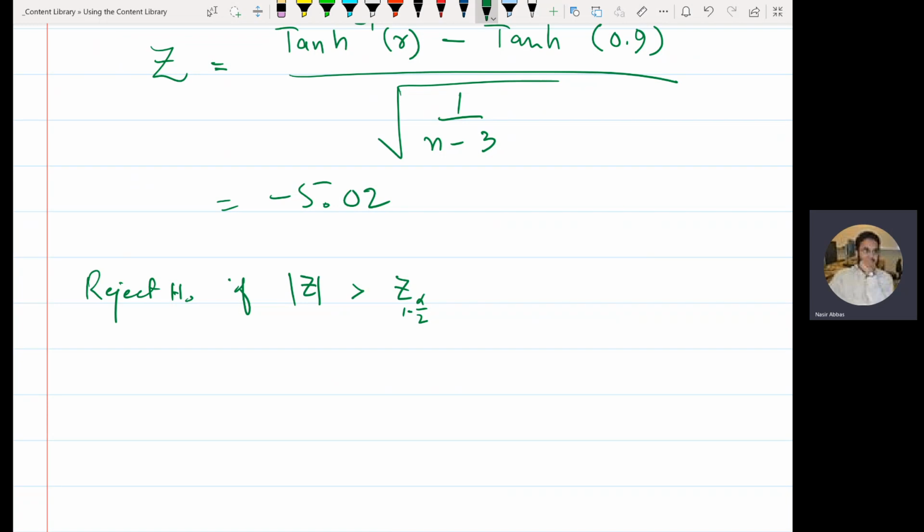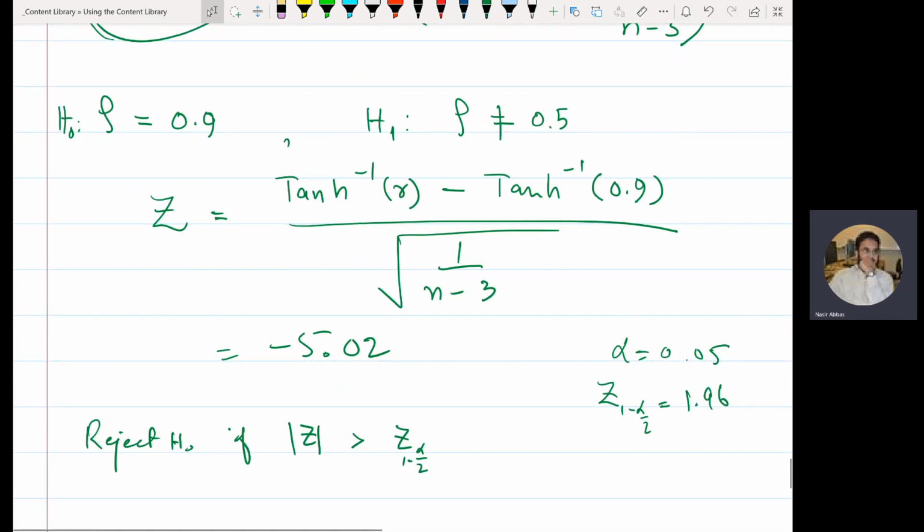Let's say my alpha is 0.05. The most popular value of z sub 1 minus alpha by 2 is 1.96. So I will reject H0 if this absolute value is more than 1.96. Is it more than 1.96? It is. So I will reject H0 and conclude rho is not equal to 0.9.